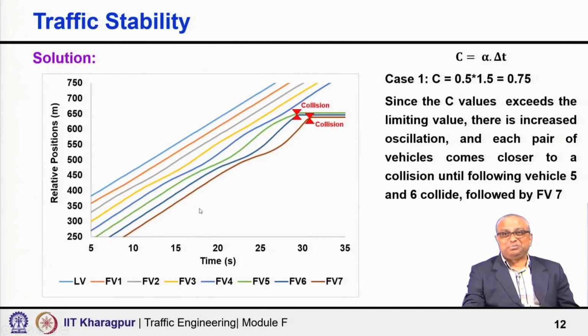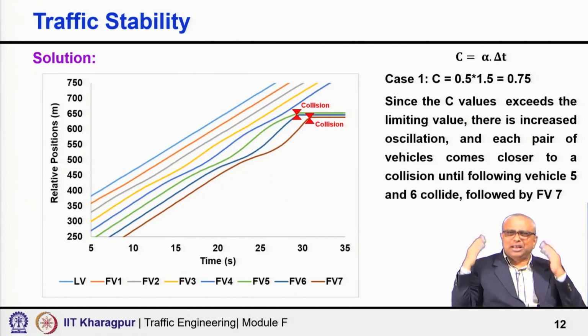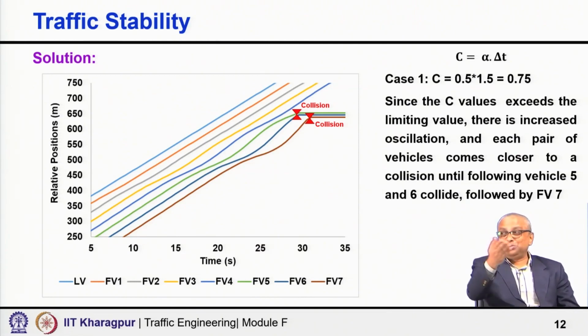Right? So, these are very interesting phenomena which we are able to capture in this kind of model, and the real behavior is like this. If suddenly in a high speed facility one vehicle applies brake and multiple vehicles are in car following mode, how is it going to impact?